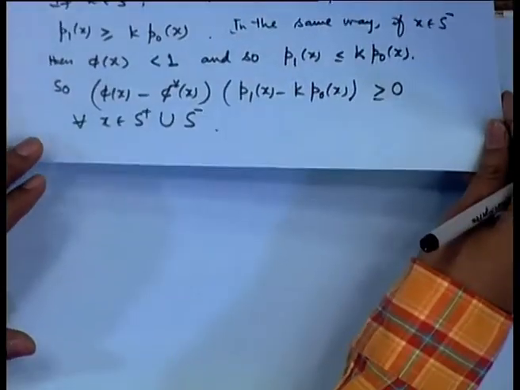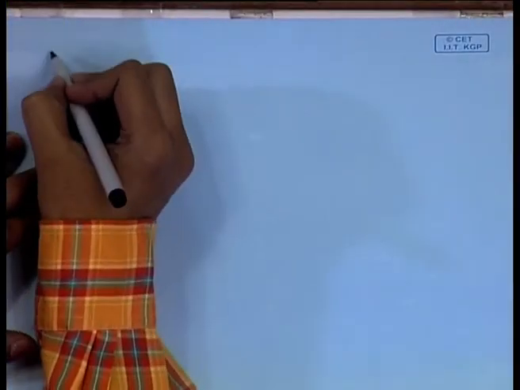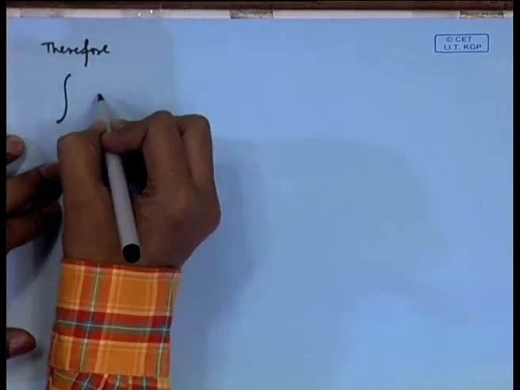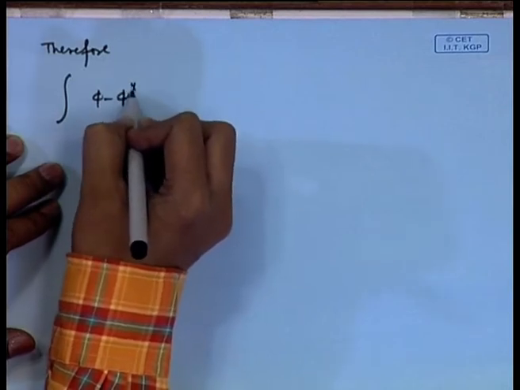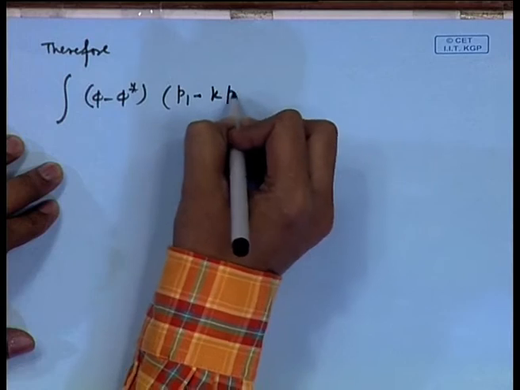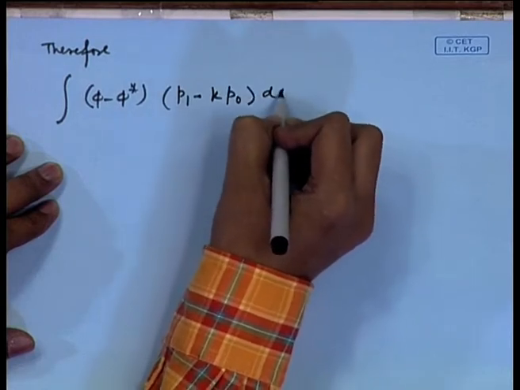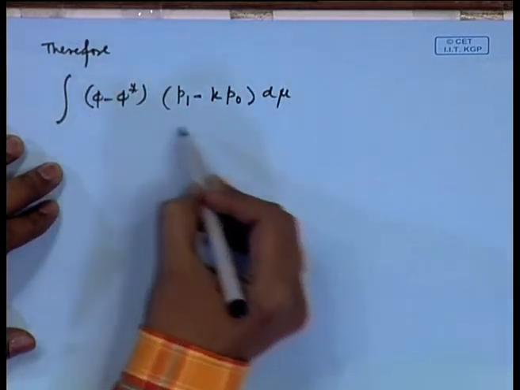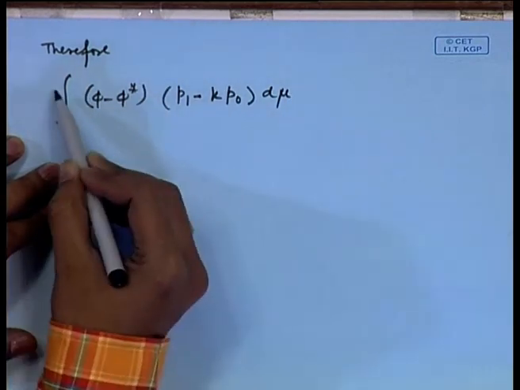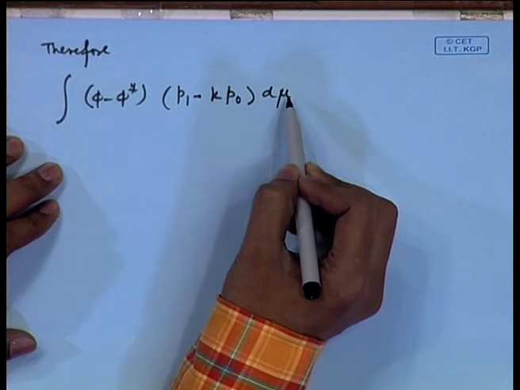Now, let us use this. If we consider the integral of phi minus phi star into p 1 minus k p naught d mu. This is a generalized term, that means, if we are dealing with a discrete distribution, this will be a summation, otherwise it is an integral.